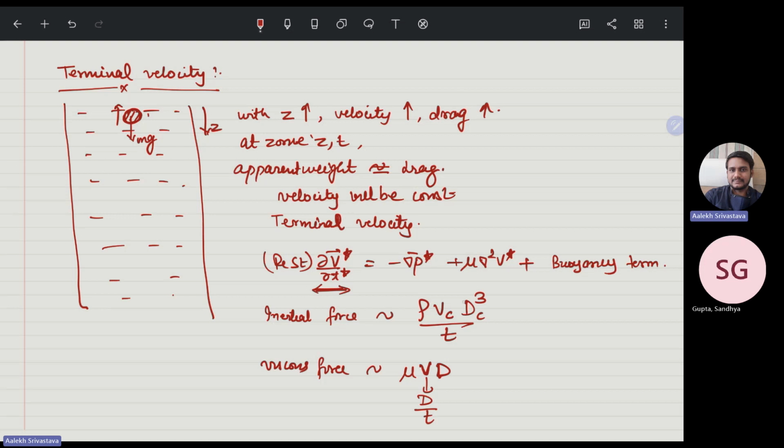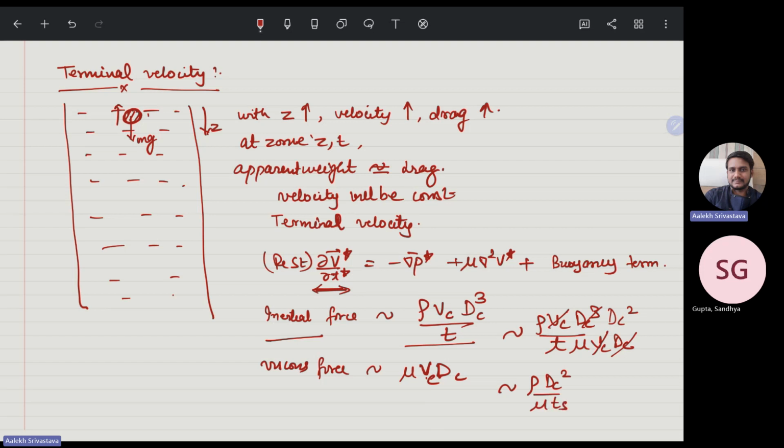This is what is called the acceleration, and here we can also write mu Vc into dc. If I take the ratio, it will be rho Vc dc cube by t into mu Vc into dc. So Vc will go away and this dc will be dc square. So you will get rho dc square divided by mu into ts.